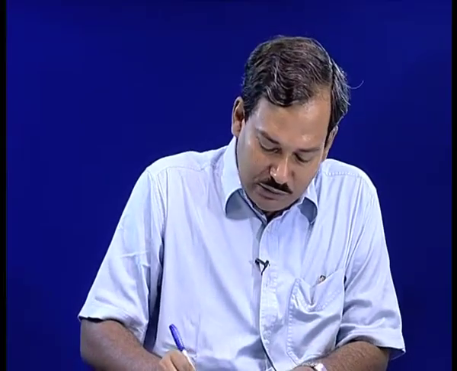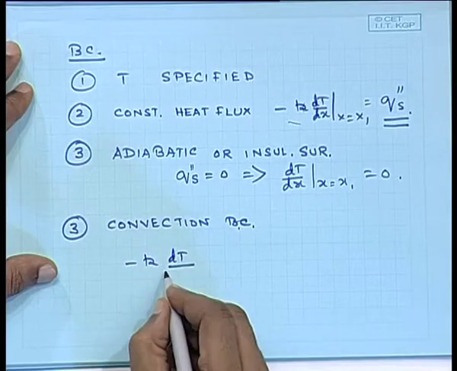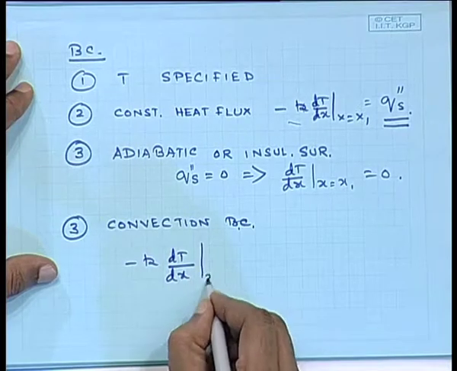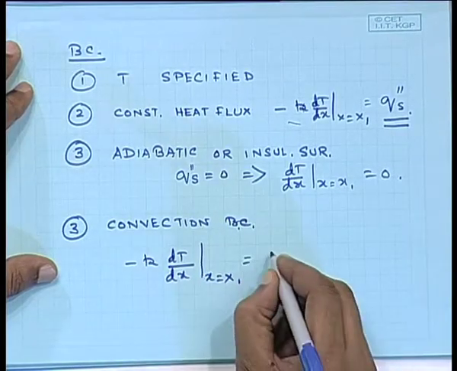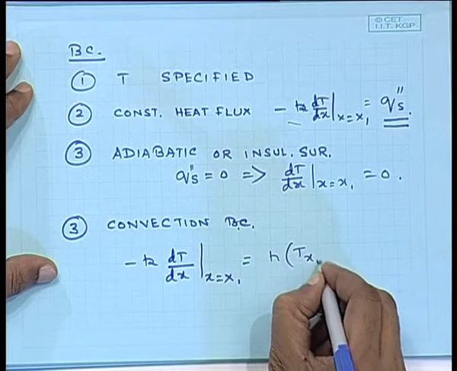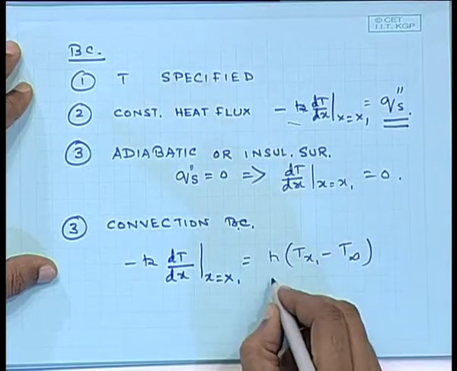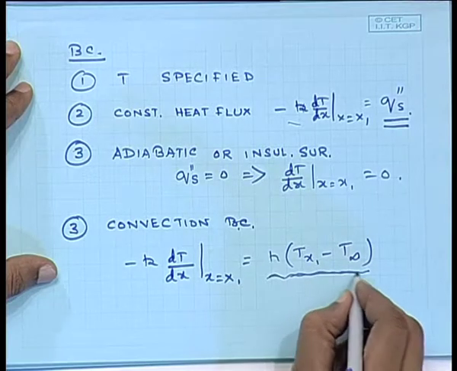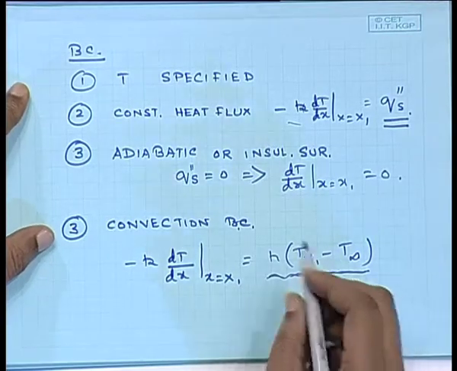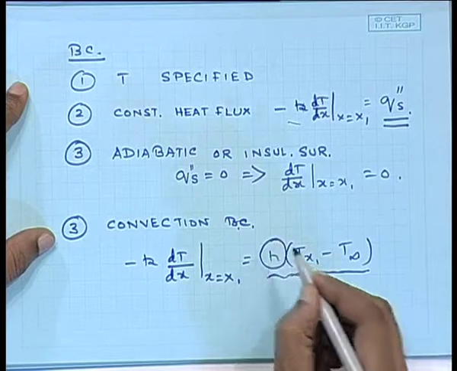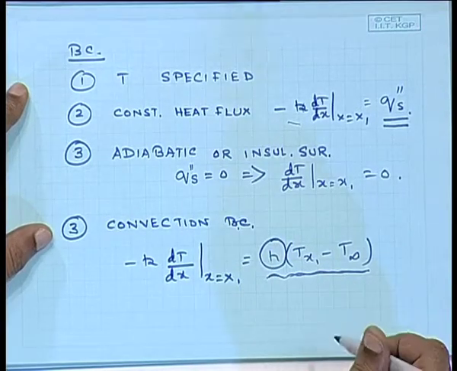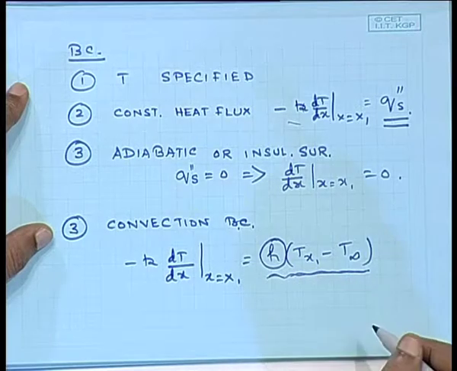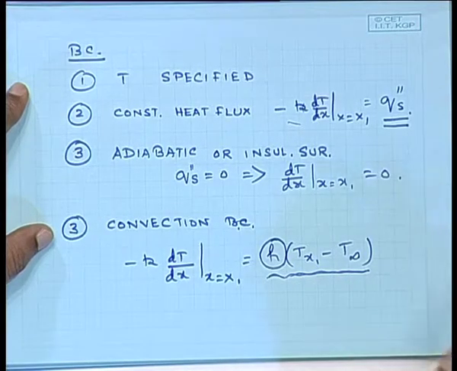So, minus k dT/dx at that specific location should be equal to h times T of the surface minus T infinity. As we spoke about many times, this is Newton's law of cooling. This h, which is an engineering parameter for the convection process, is the convective heat transfer coefficient.